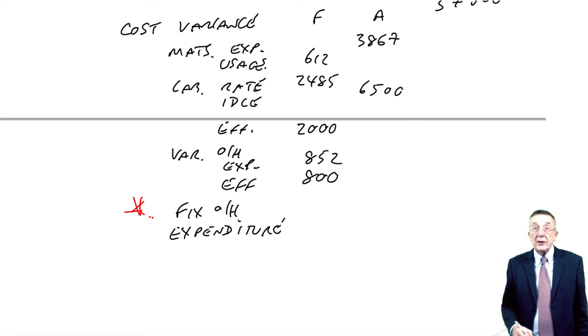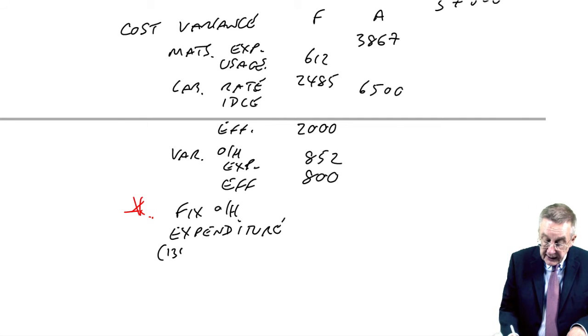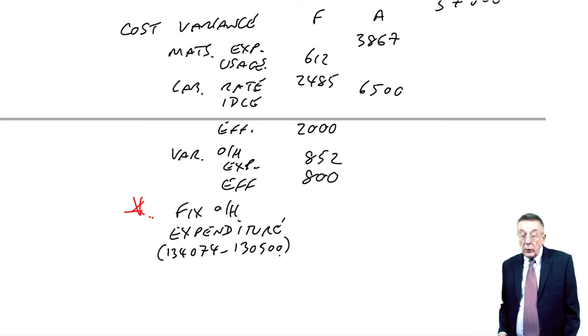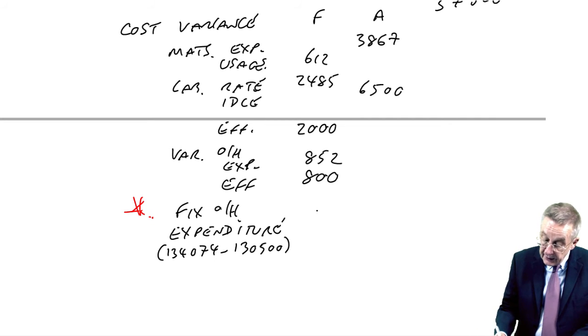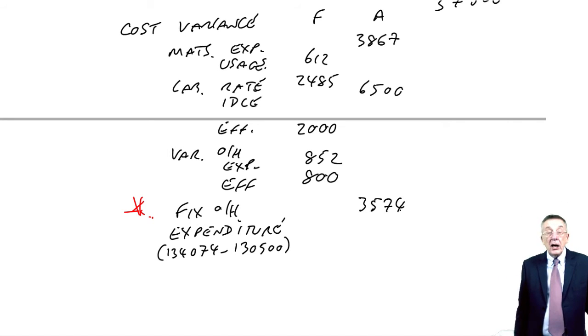And just as before, for the same reasons, it's the difference between the actual expenditure and the budget expenditure. So exactly as before, we overspent by 3,574. However, because we've not been absorbing the overheads, there's no volume variance.